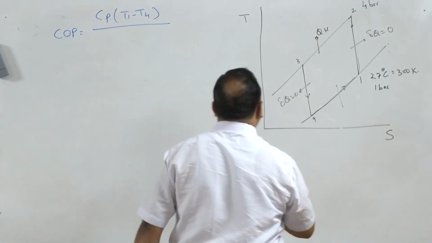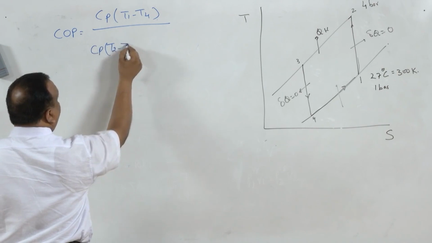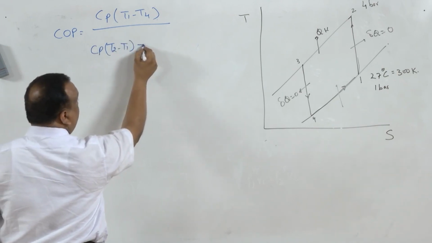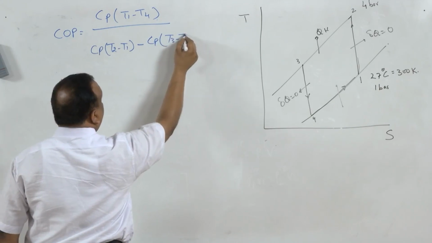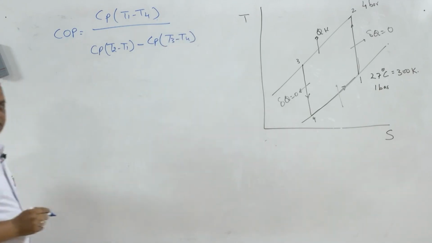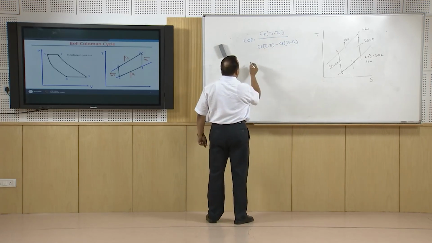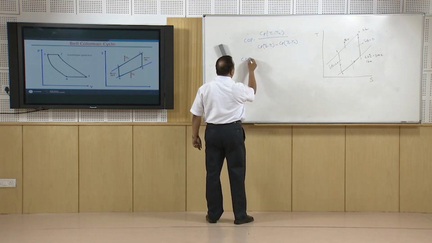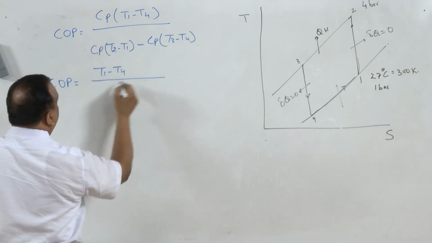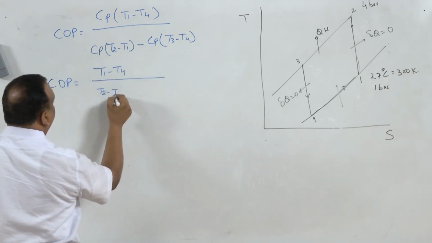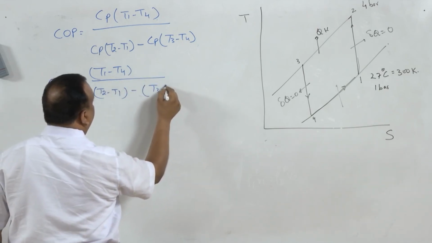So, it is going to be Cp (T2 minus T1) minus Cp (T3 minus T4). Now, Cp will cancel out and COP will remain (T1 minus T4) divided by (T2 minus T1) minus (T3 minus T4).